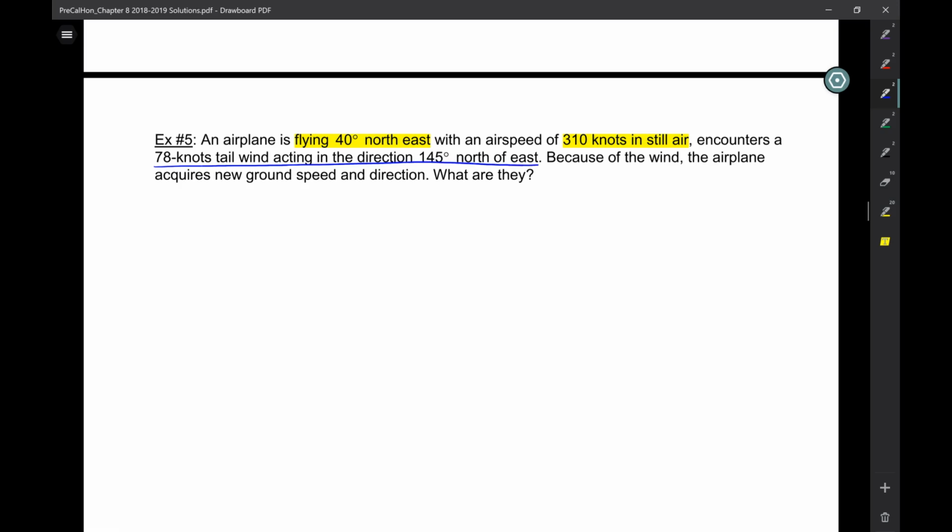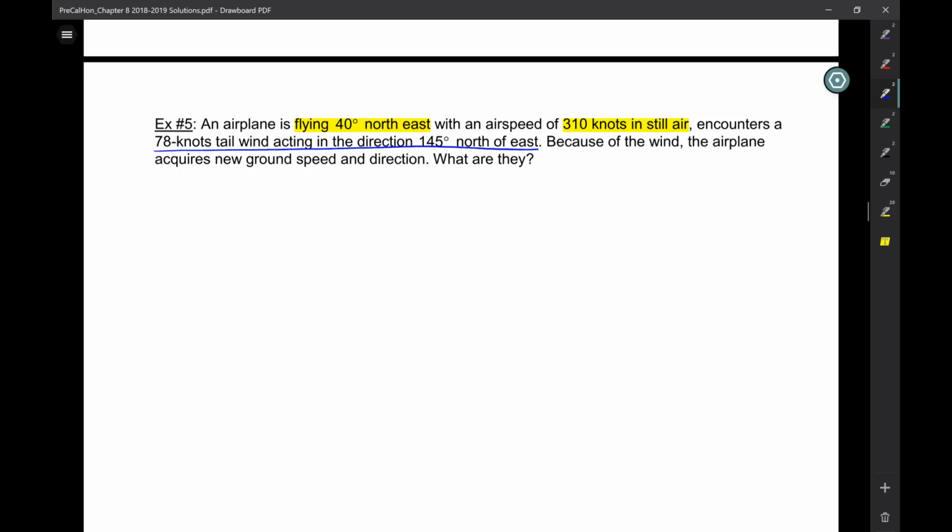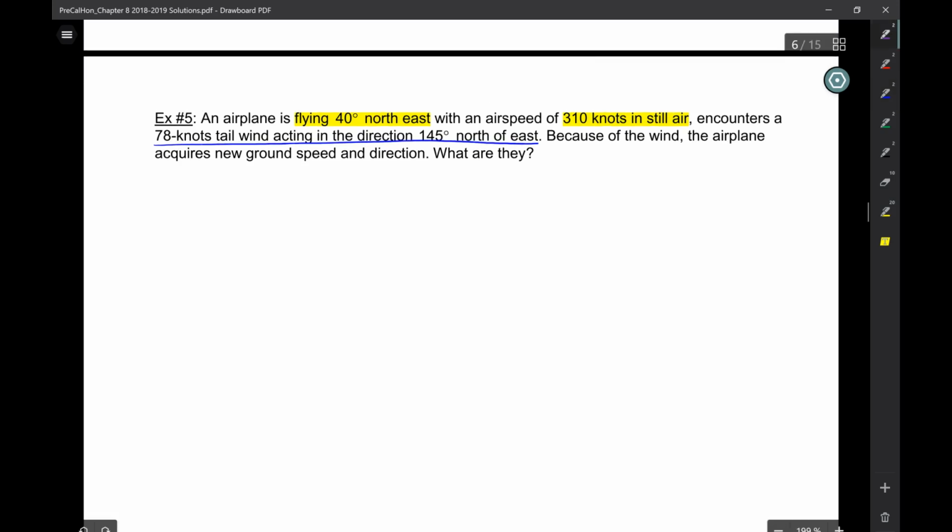What are they? Okay, so I am just going to draw this right now. Let's do the airplane for now. It's flying 40 degrees north of east. East is that way, so 40 degrees north of east looks like that. I'm actually going to draw that on the bottom a little bit.